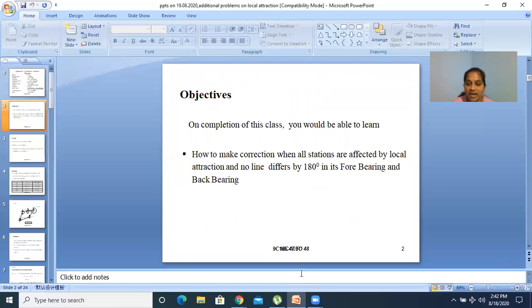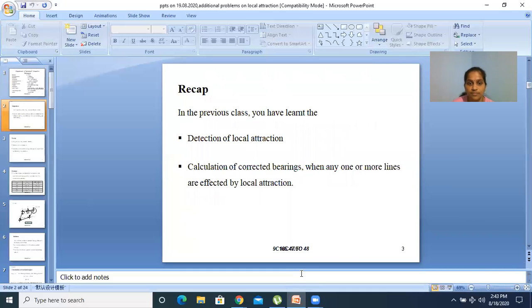When all stations are affected and no line differs by 180 degrees in its forebearing and back bearing, how can we make the correction? That is the objective of today's class.